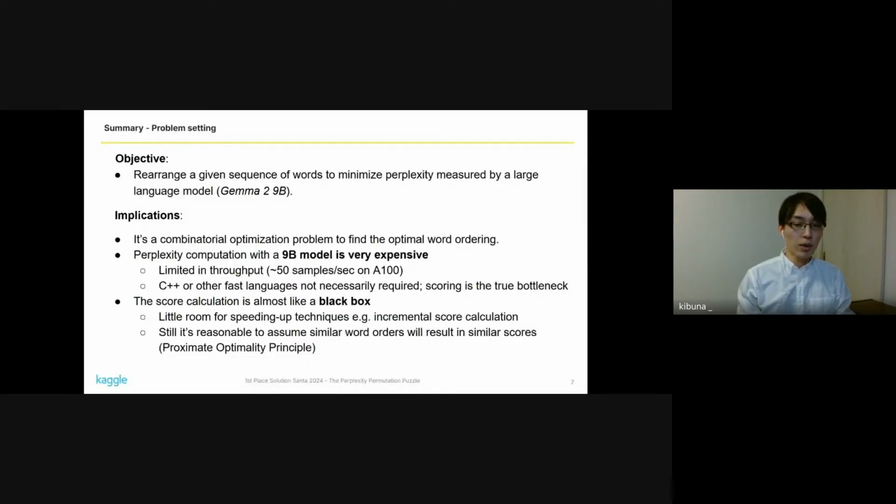However, we assumed that similar texts will likely have similar scores, and that means neighborhood search is still a viable approach. Also, it was crucial to optimize the search process to minimize the number of calls to the Gemma model for scoring.